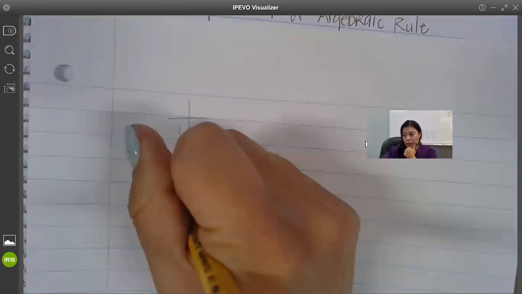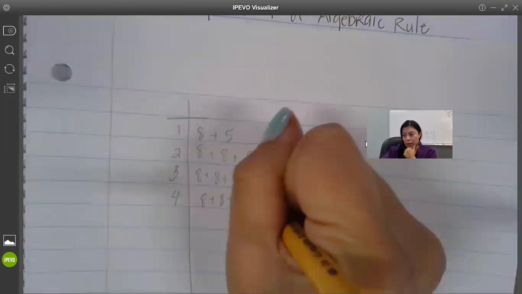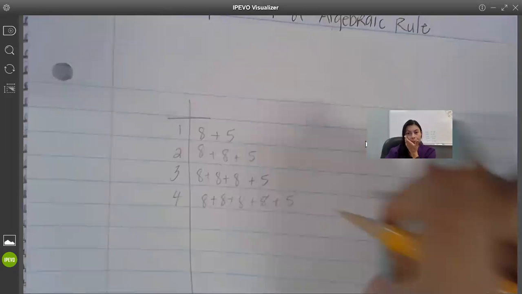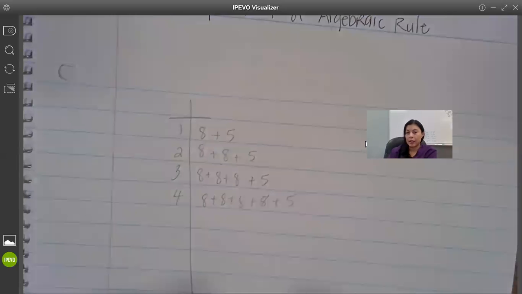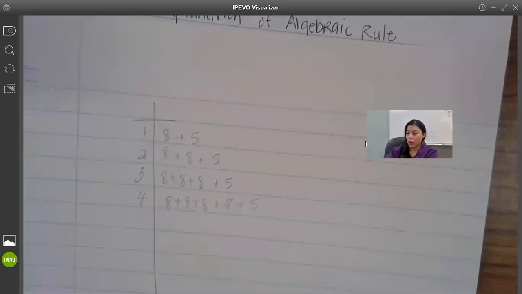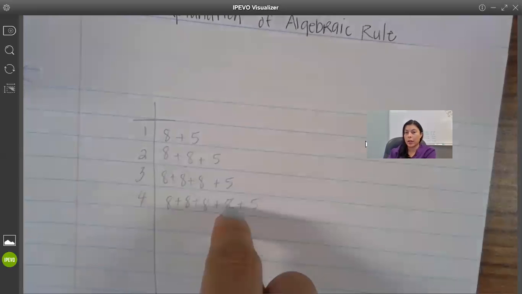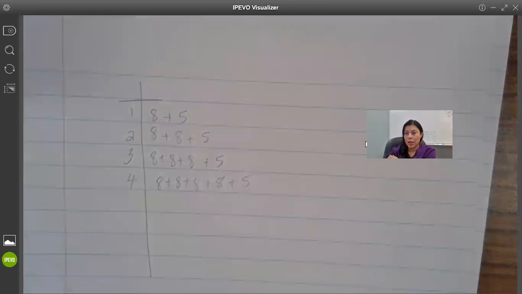If you pass through 4 times, they charge you $8 every time plus the $5 setup fee. I know that it's technically going up by 8, I understand that. But if I say add 8 every time or add 8 to the one before it, then I need the one before it, and that wouldn't make an algebraic rule.